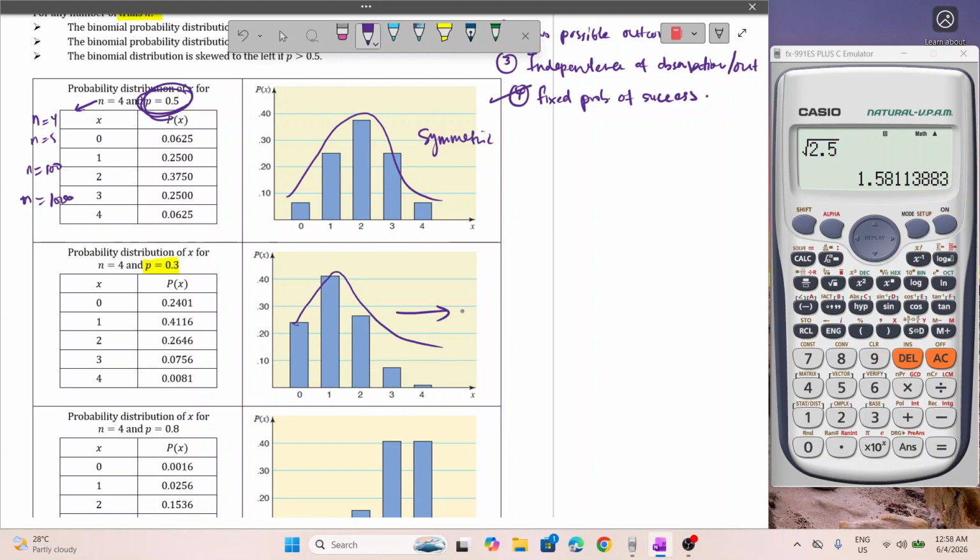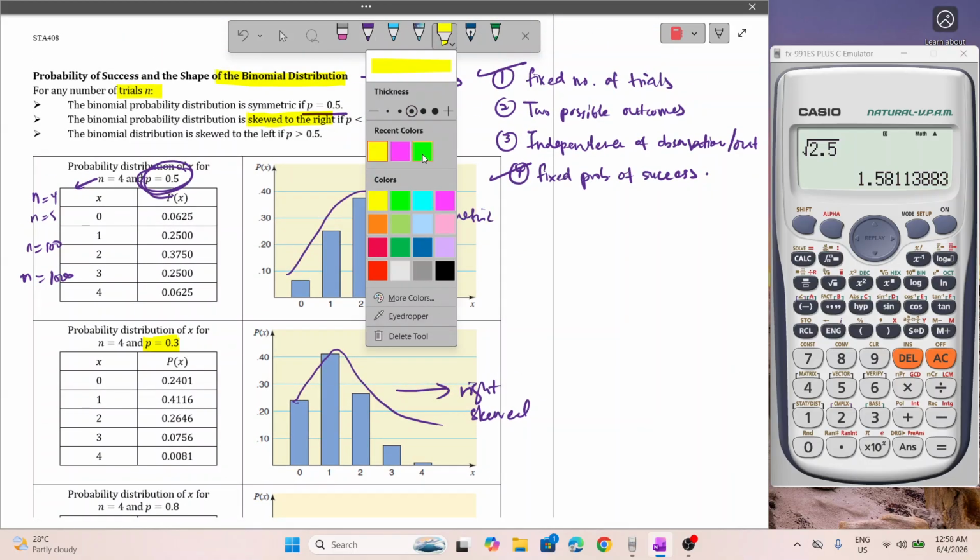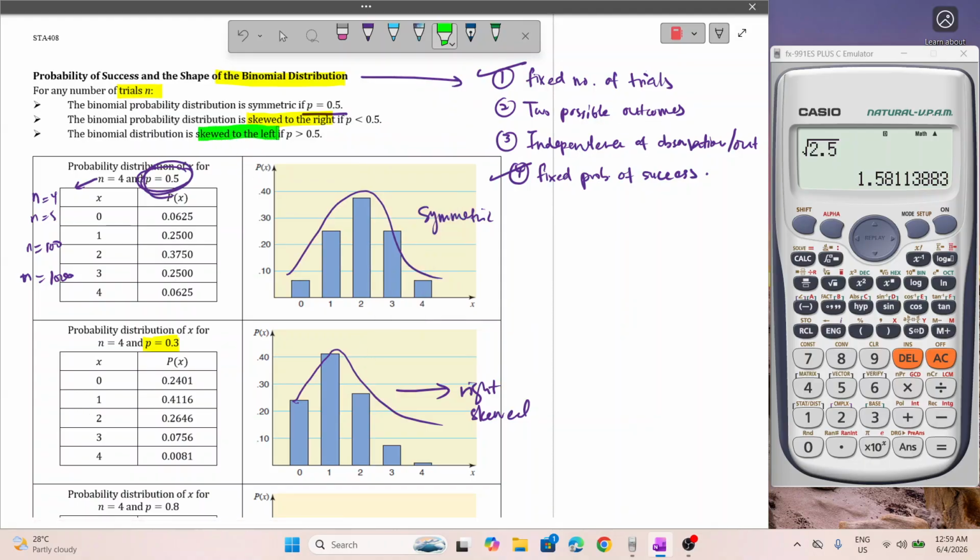It is skewed to the right. And when p is greater than 0.5, it is skewed to the left.